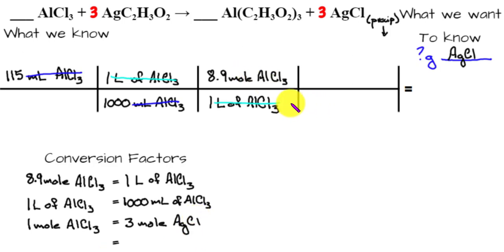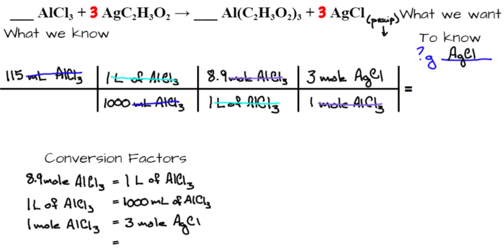So I want 1 mole on the bottom, and that is of the material aluminum chloride, and 3 moles of silver chloride. And I do that so that the moles aluminum chloride cancels with the moles aluminum chloride. Alright, am I in the units I want? Nope, I'm pretty close. I'm in moles. I want grams.